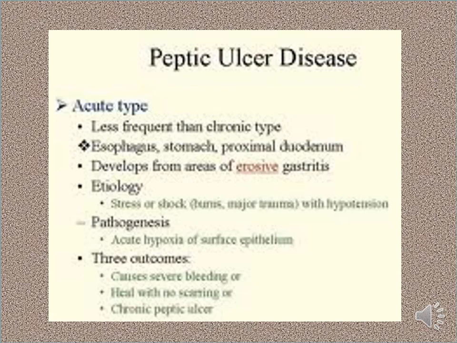The pathogenesis is acute hypoxia of the surface epithelium. There are three outcomes: either severe bleeding, healing with no problem, or progression to chronic peptic ulcer. These are the outcomes from the acute peptic ulcer.